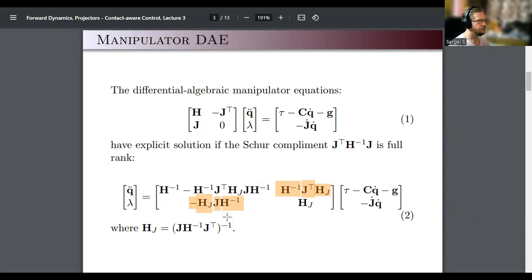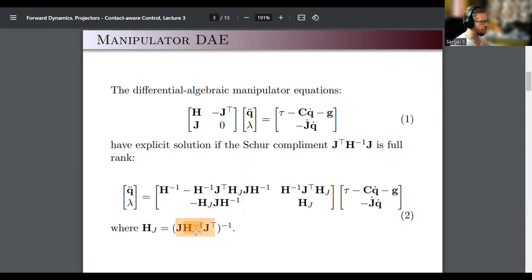H is an invertible matrix. It's not only invertible; it's also symmetric, since it is a matrix of a quadratic form. So H inverse is also symmetric. So H transpose is equal to H inverse transpose, which is equal to H inverse. This guy, in this form, is also symmetric, because you see that this matrix is symmetric.